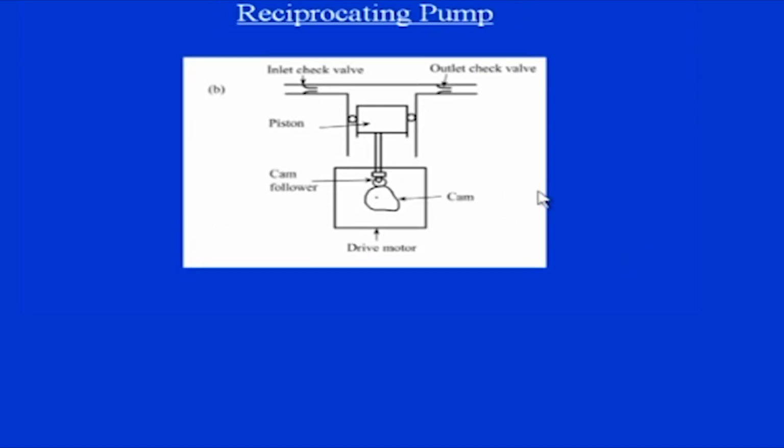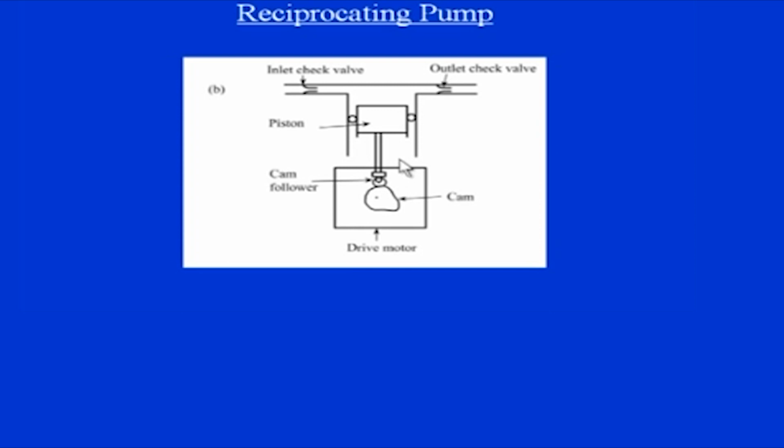There is another one which is called the reciprocating pump. In a reciprocating constant displacement pump, a motorized crank drives the piston and check valves regulate the entry of eluent to the column. Here, this one is a drive motor and there is a motorized crank which drives the piston.